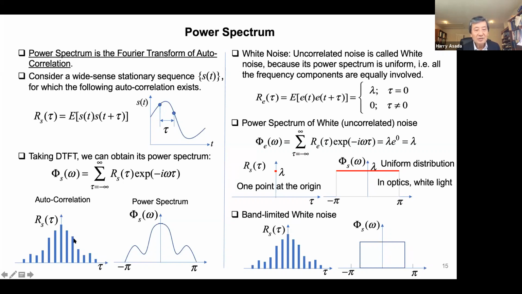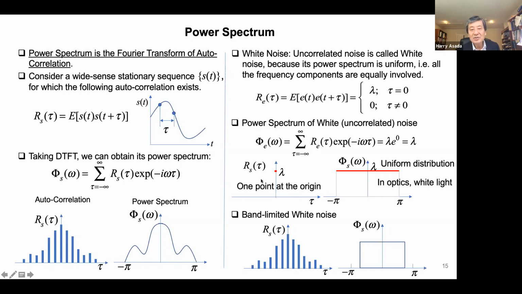And the relationship between these two is very interesting. One particular case is that if the signal s is totally uncorrelated, we have only one point non-zero, say lambda, and all others are zero.